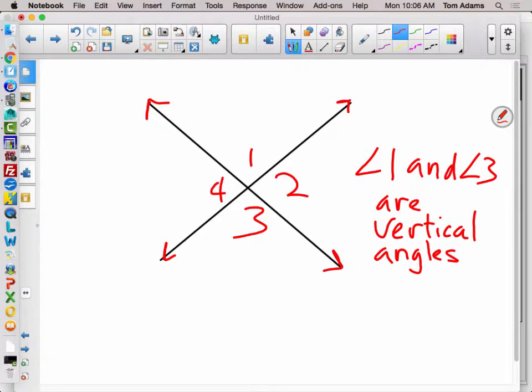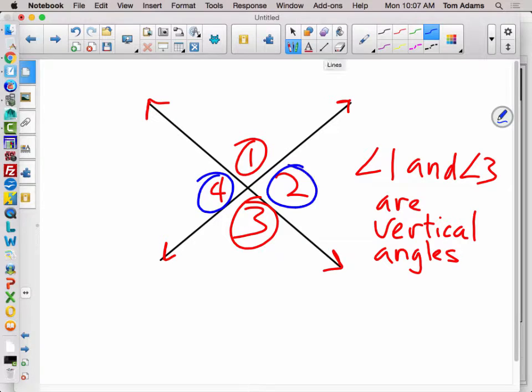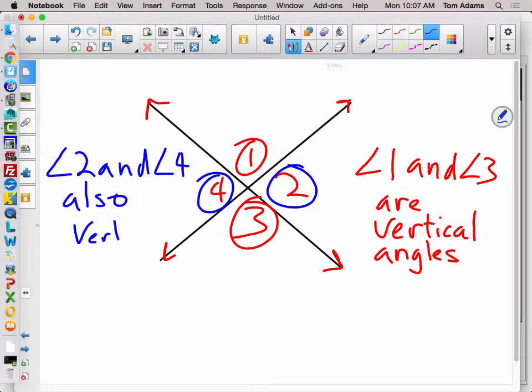And what that means is that angle 1 is right across from angle 3. We could also say that angle 2 and angle 4 are also vertical angles. Okay?